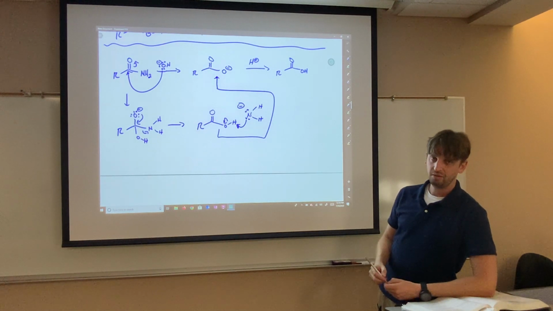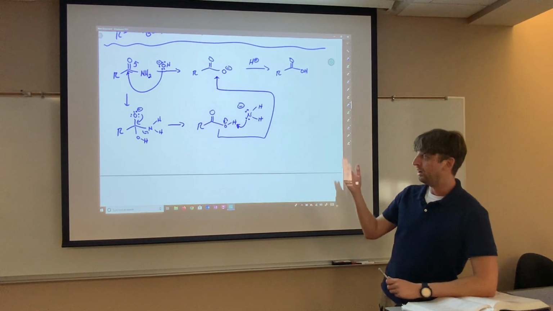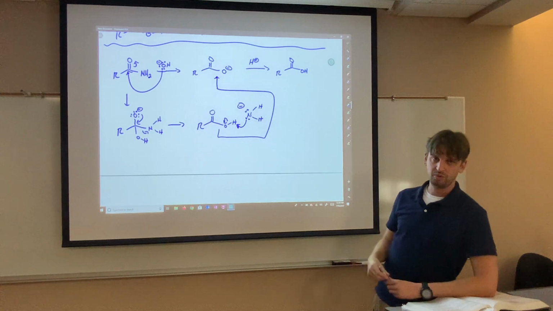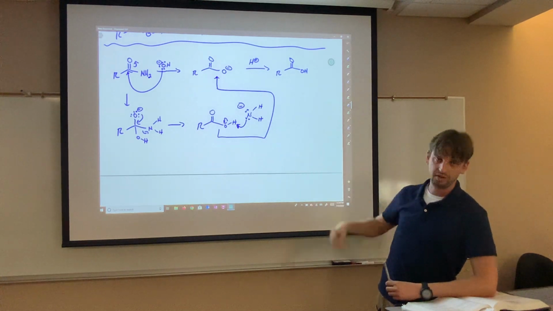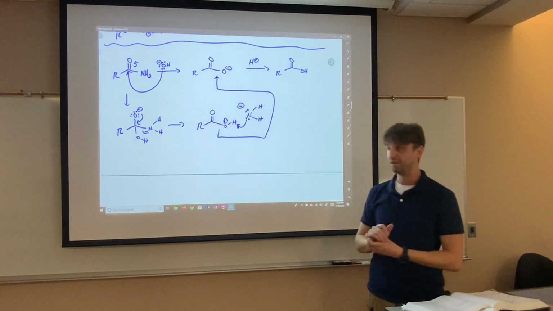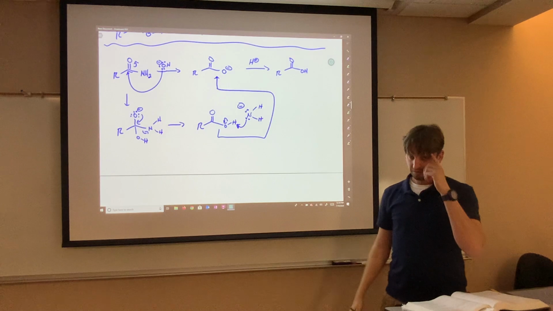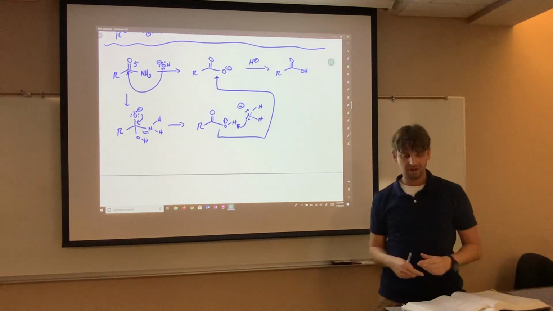It'd be a darn bad thing if all of a sudden our proteins started denaturing and falling apart because they entered the lungs, and the lungs are a little bit more acidic. Not a good thing to happen there, okay? So these are pretty slow, but they can work.